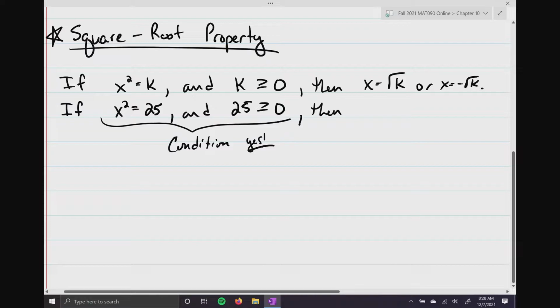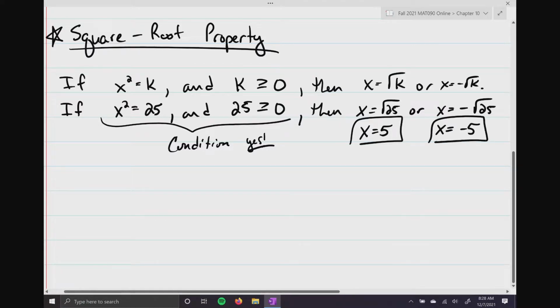Then this is what we're going to do. We say x equals the square root of 25, or x equals negative square root of 25. We know the square root of 25 is 5. And then this one is just going to be negative 5. And that's how we get these two answers of plus or minus.